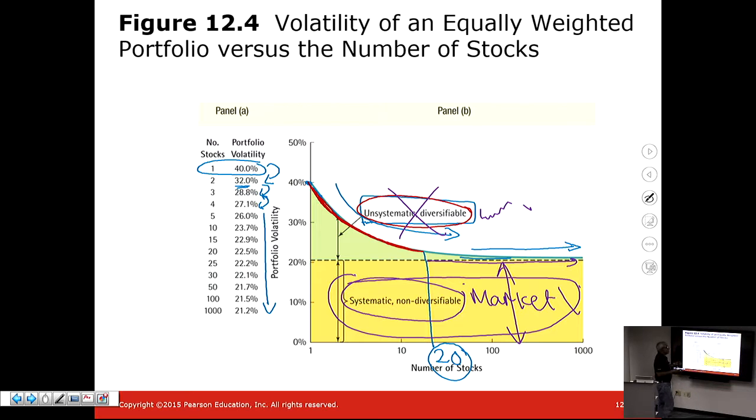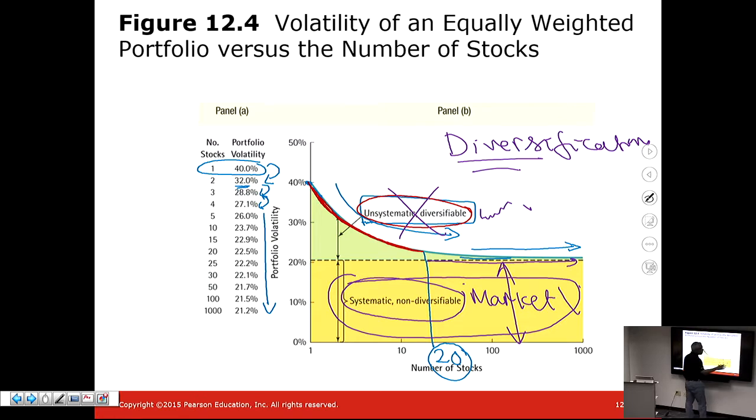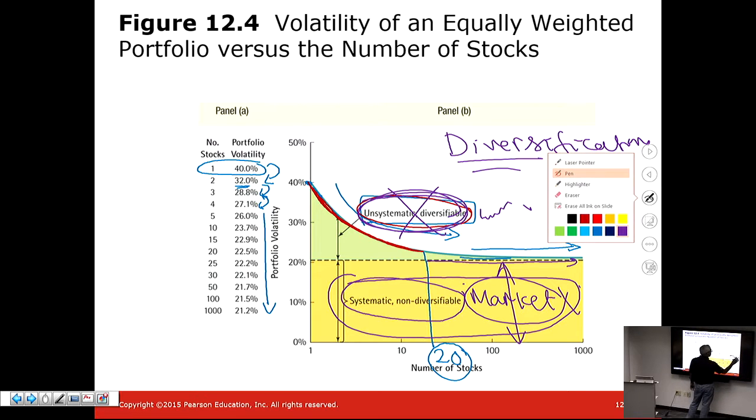That means if I am investing in a large portfolio, first of all, there is no reason for me not to diversify. So the first lesson is, yes, diversification matters. Diversify. Add more and more stocks to your portfolio. The more you add, the more likely you are to get rid of this risk. And the more you can get rid of this risk, the only risk that you need to worry about is the market risk.